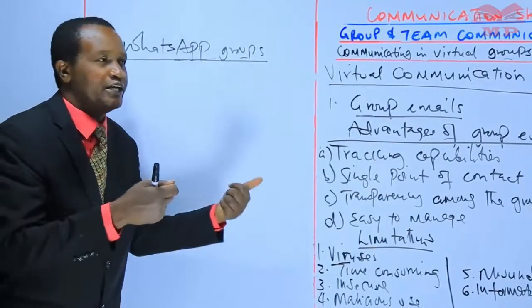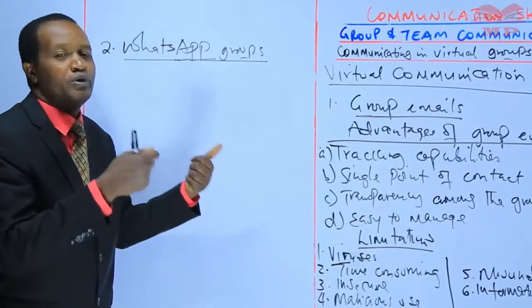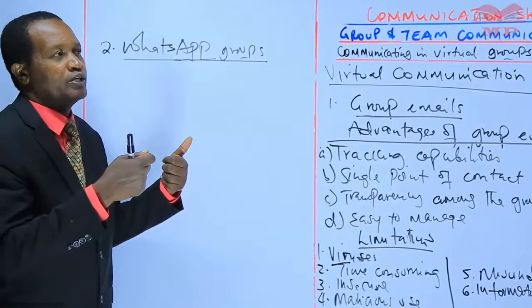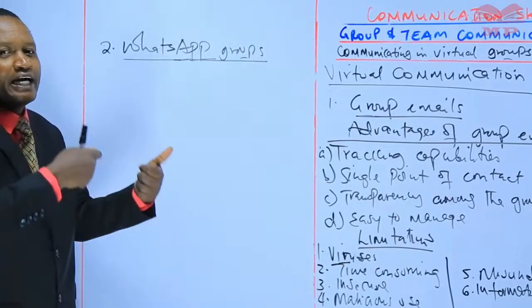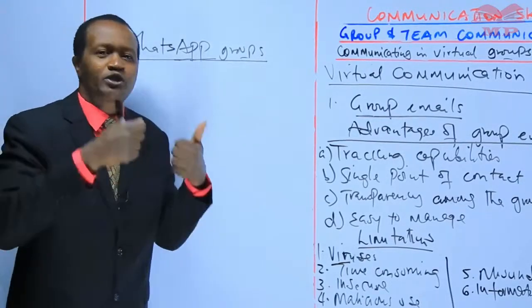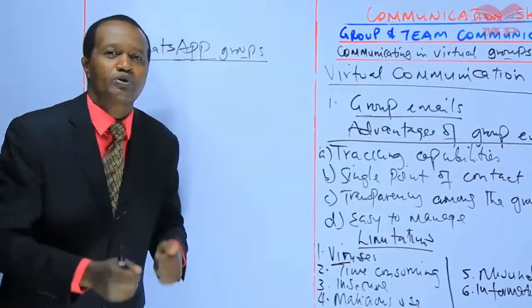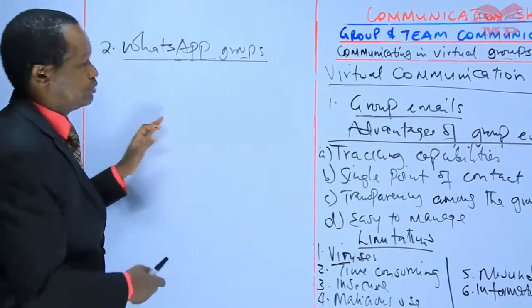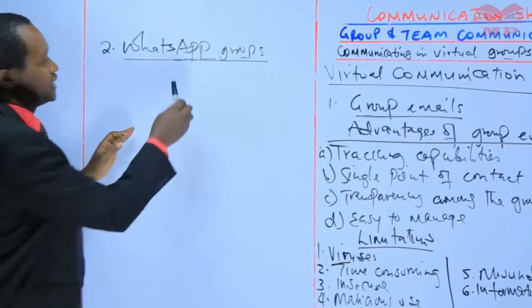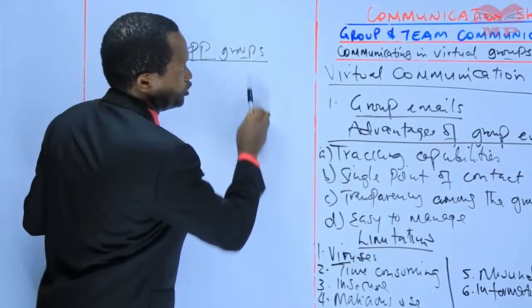People can view it anytime. People can send information on the WhatsApp wall anytime. And the admin of the group, the administrator of the group, is the one who is responsible for controlling the chatting in the group.